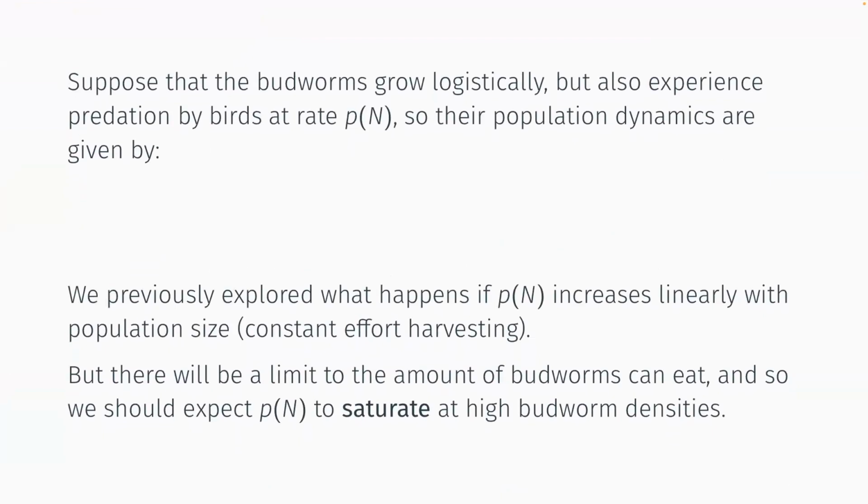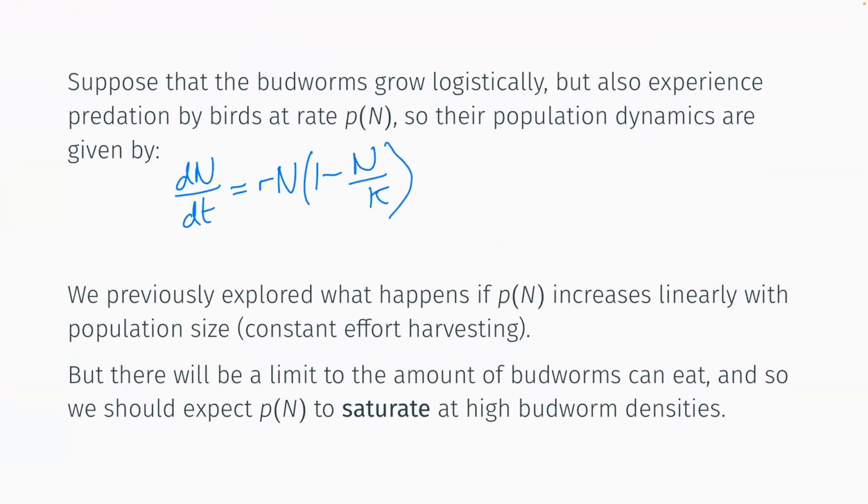So let's think about setting up a model that could represent this system. Suppose that we've got a budworm population and it's going to grow logistically. So our usual logistic growth is dN/dt equals rN(1 minus N over K). That's our normal logistic growth.